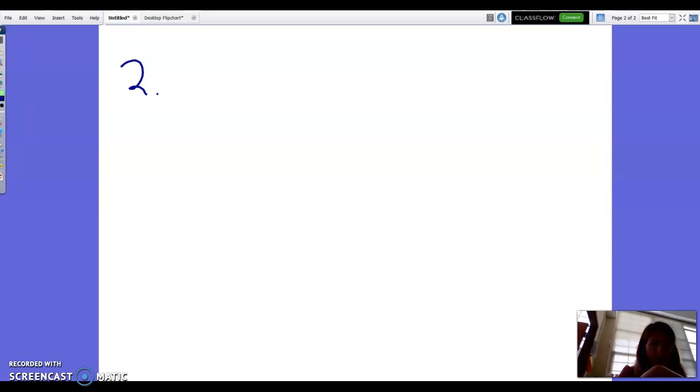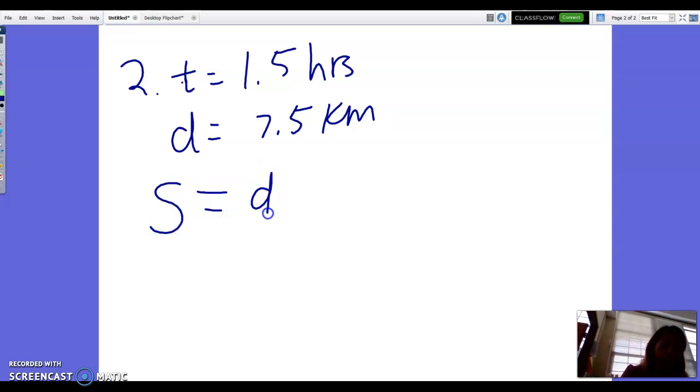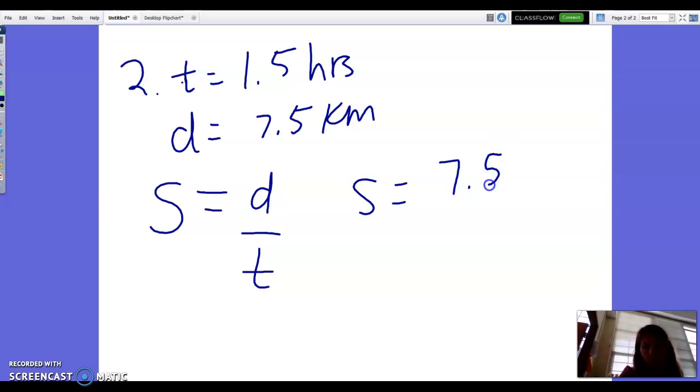So I have 1.5 hours, so I've got time. So t equals 1.5 hours. And then I'm also given a distance of 7.5 kilometers. So I'm going to be solving for speed. S equals d over t. And so I want to have s equals 7.5 divided by 1.5.